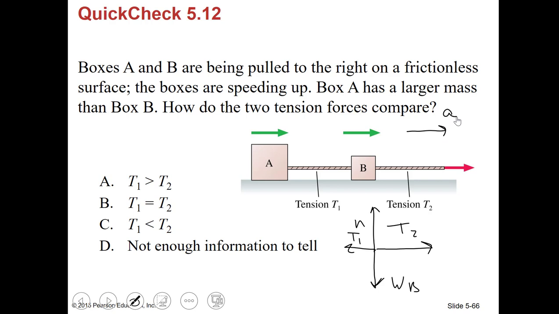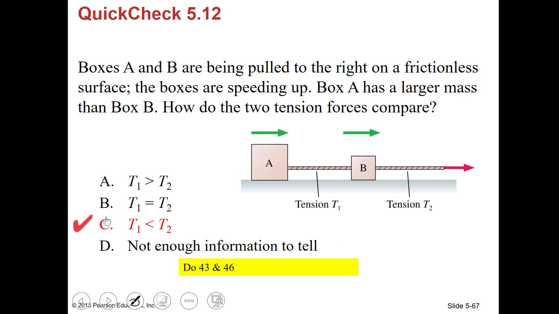So looking at the free body diagram of B, the only way that B is going to speed up is if it has a net force. To have a net force, T2 has got to be bigger than T1 for that to happen. So T2 bigger than T1. For that to accelerate, it has to have a net force. Okay? Good. So by looking at B, we can figure out the answer to this question.